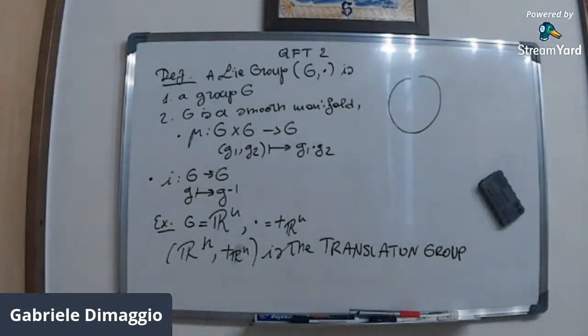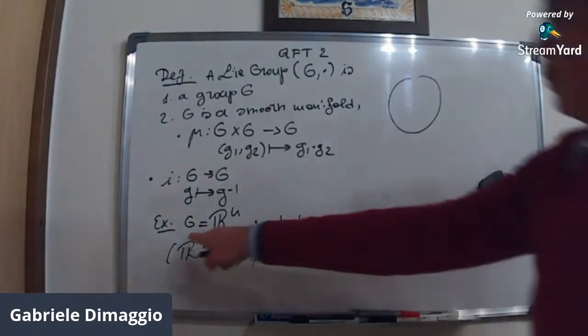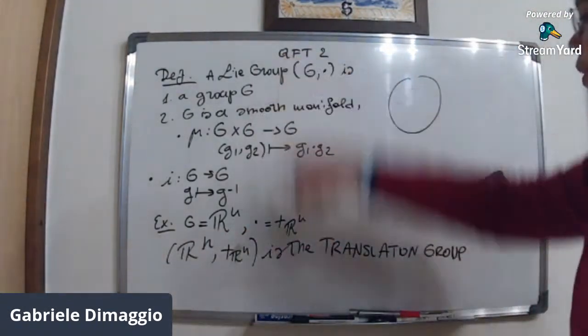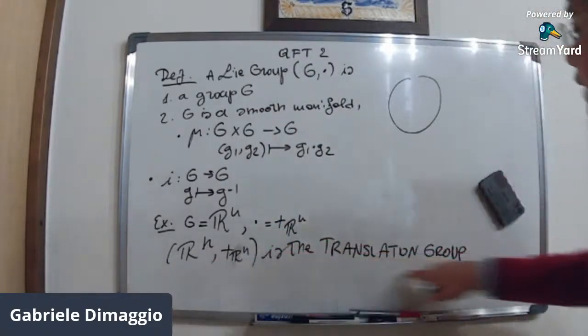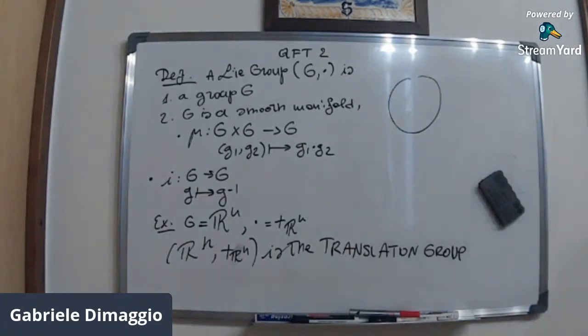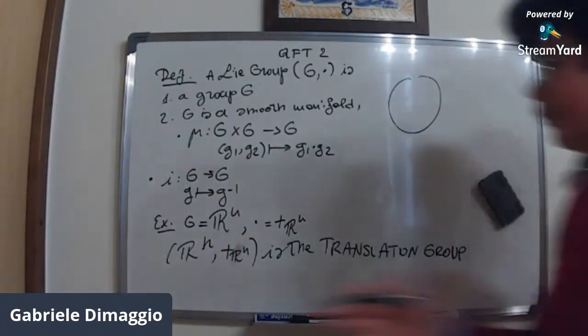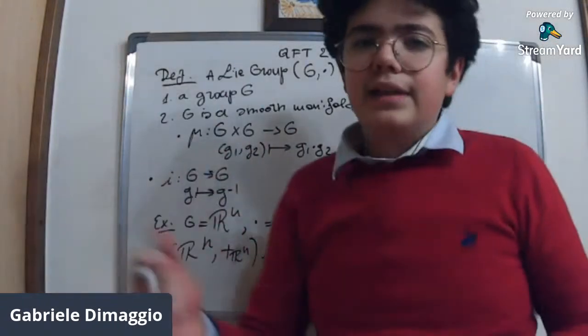This type of group, R^n with the group operation being the sum, is called the translation group. And this is an important example, for example, in quantum mechanics too.